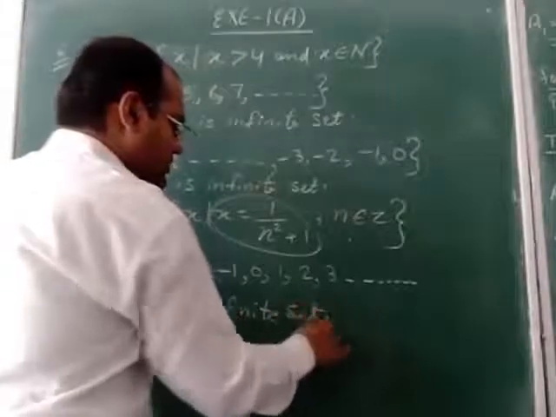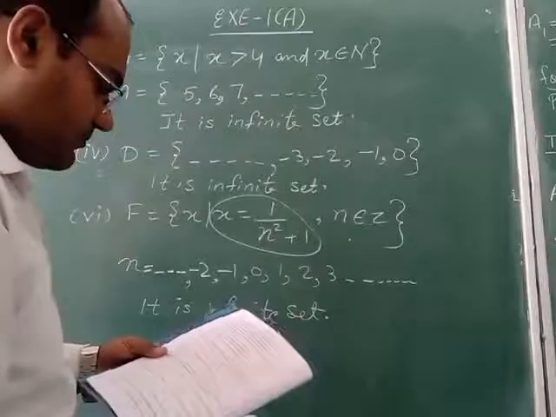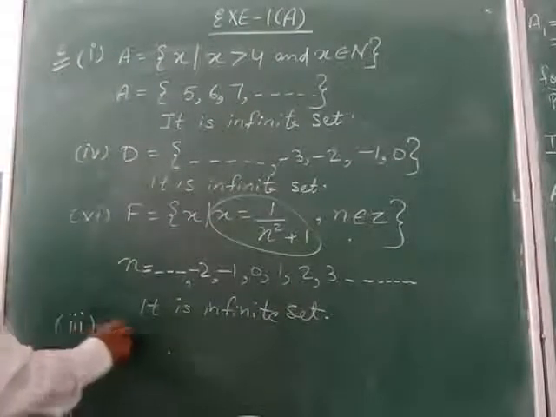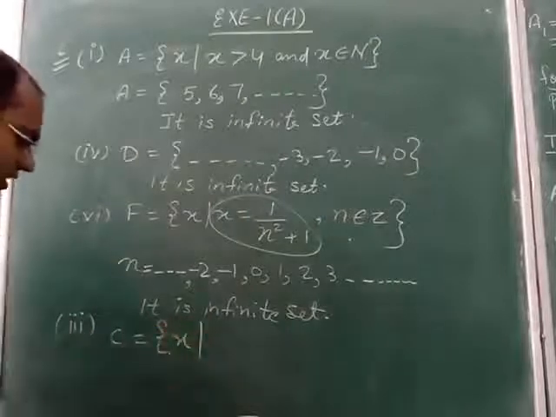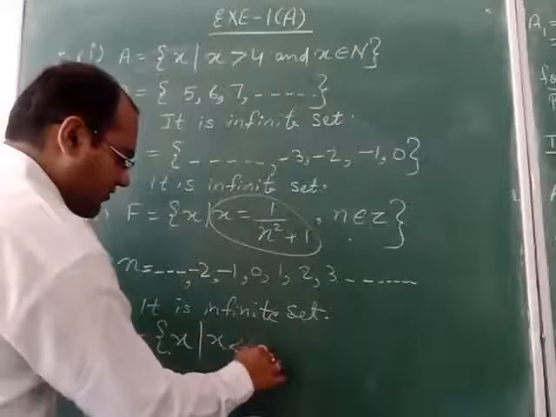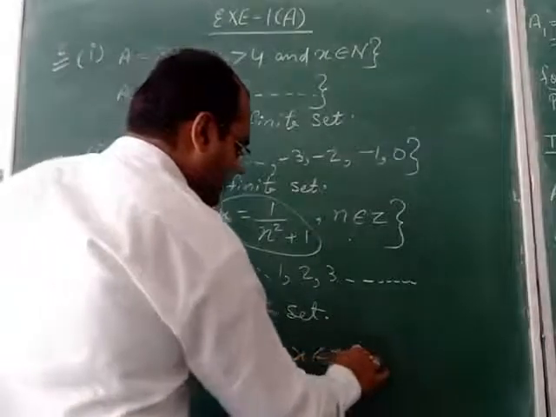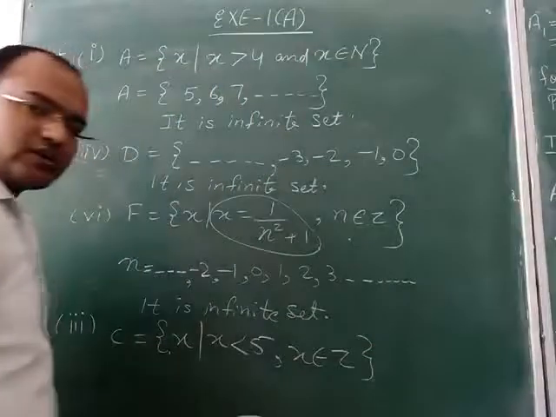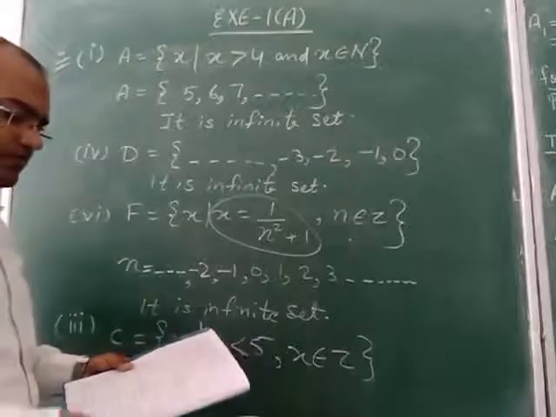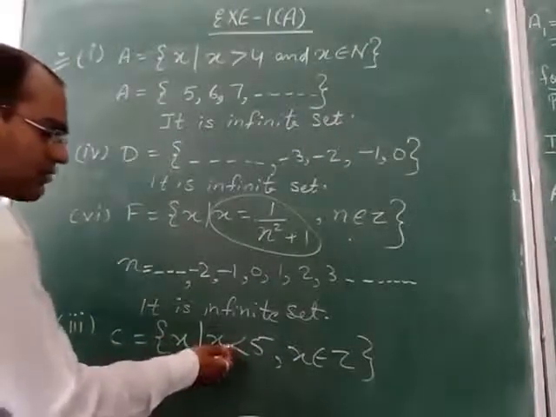See one more, part number 3. C is equal to {x such that x is less than 5, x belongs to Z}. Z means integers. In this also you observe that x values are less than 5.